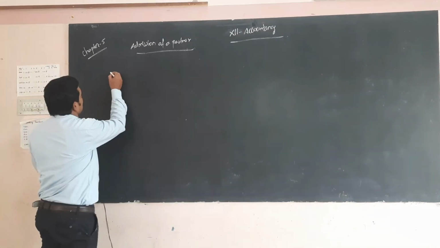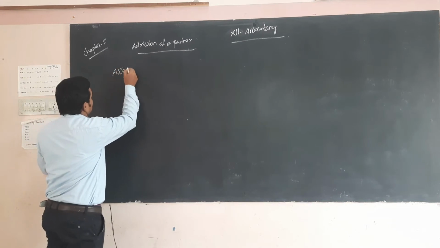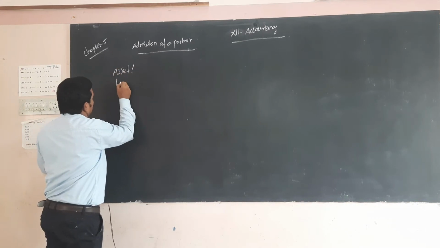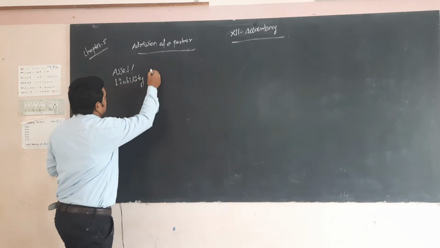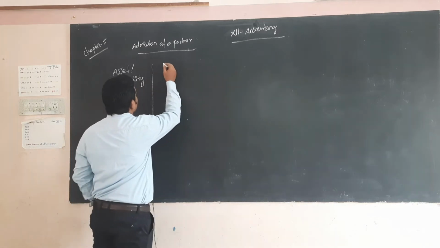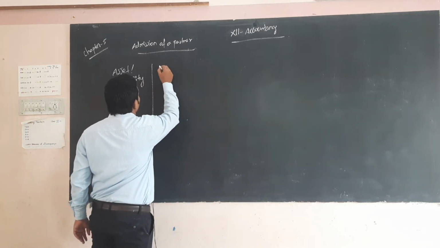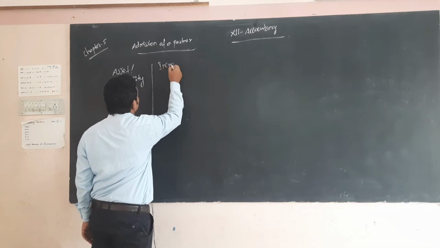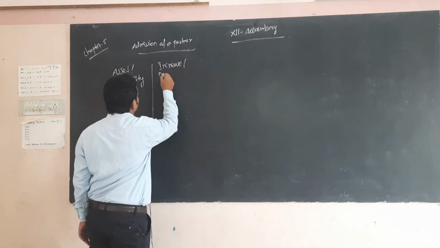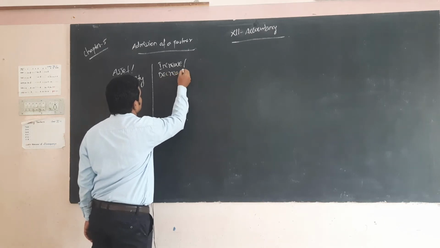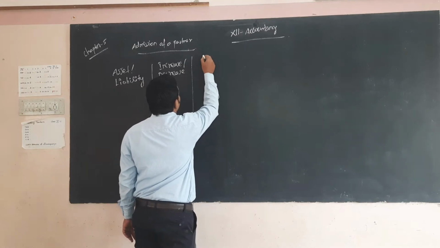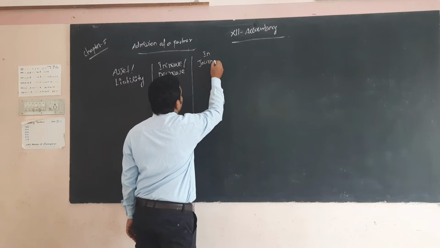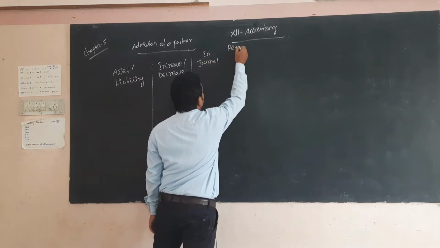So this is assets or liabilities, next increase or decrease in revaluation journal entry, revaluation account.